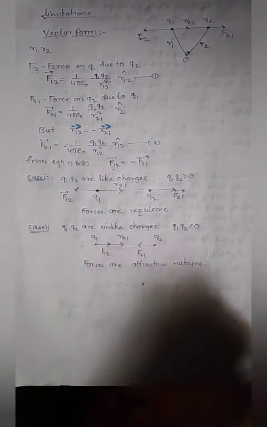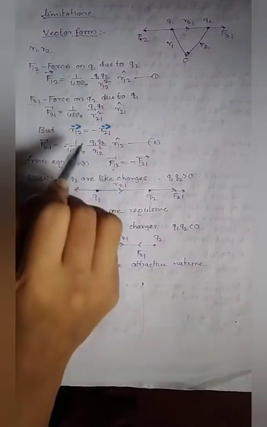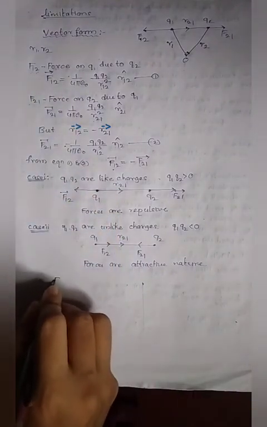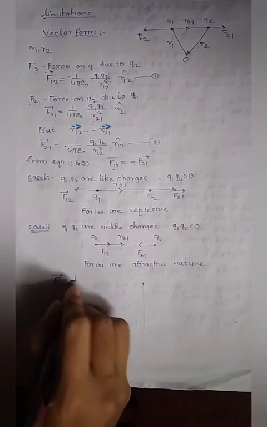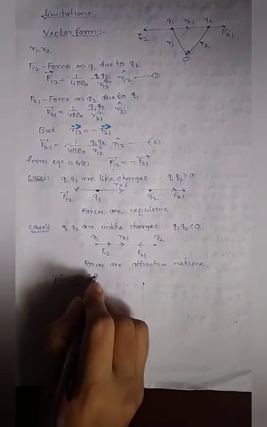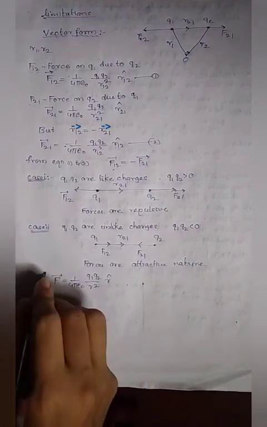Right? So suppose the question is asked like this: write Coulomb's law in vector form. Then you may write one of these expressions, F equal to 1 by 4 pi epsilon naught Q1 Q2 divided by R square into R cap.